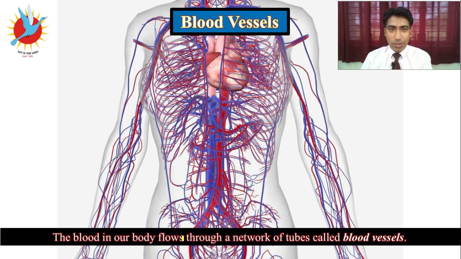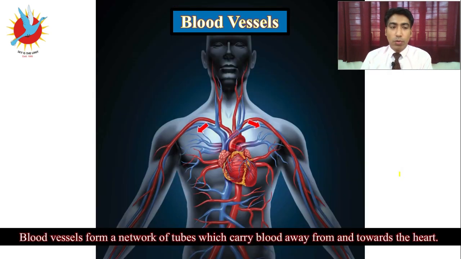Let's talk about the role of blood vessels in the circulatory system. Dear student, as you know, the blood in our body flows through a network of tubes called the blood vessels. So blood vessels form a network of tubes which carry blood away from and toward the heart.